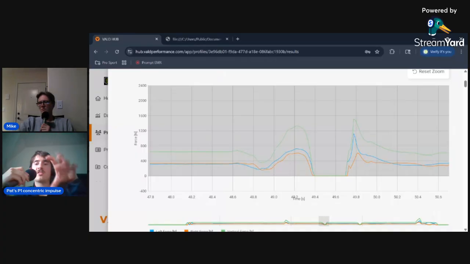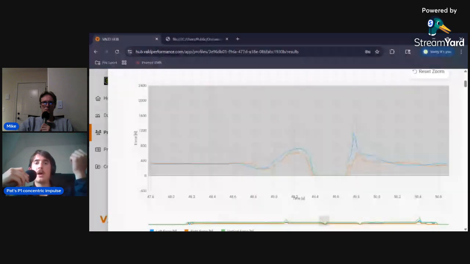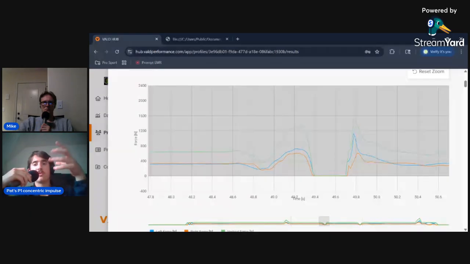And so, what this is looking for is more of that compliance within the joints to then use the elastic energy to then rebound and jump. But in terms of rehab, we are using it to see eccentric ability.